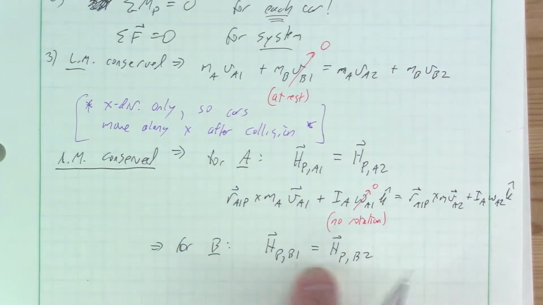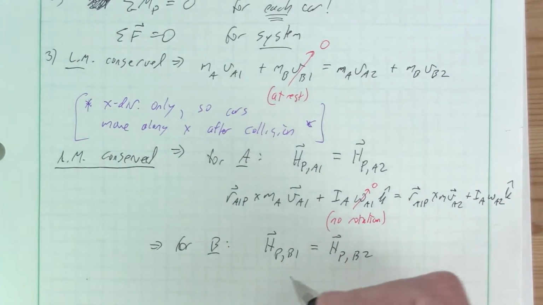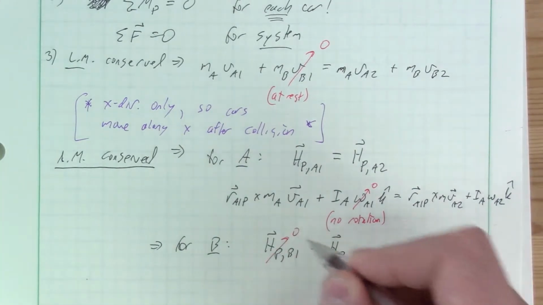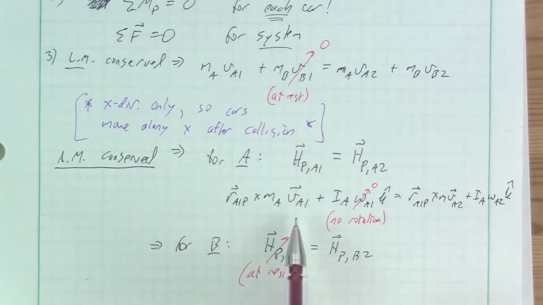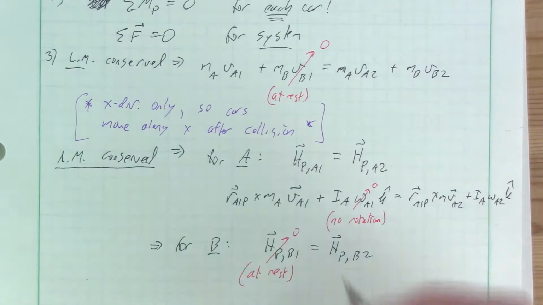We're choosing car B about point P because it's conserved. Originally car B is completely at rest, so this is all the way 0, and omega would be 0 because it's completely at rest. So this one's nice.